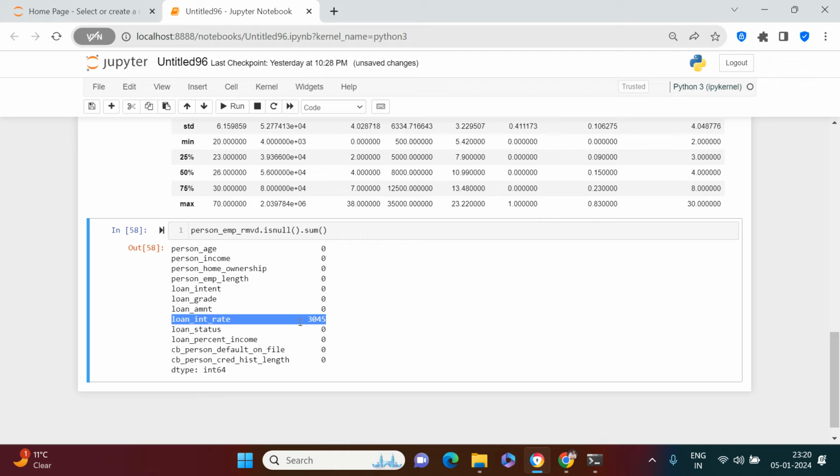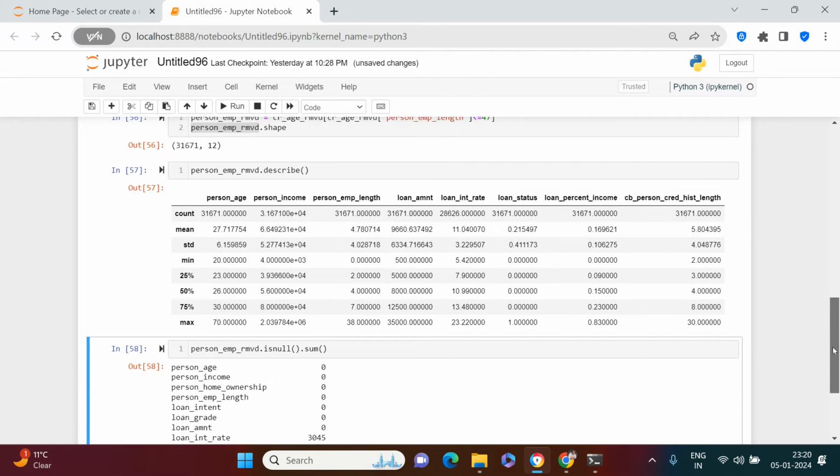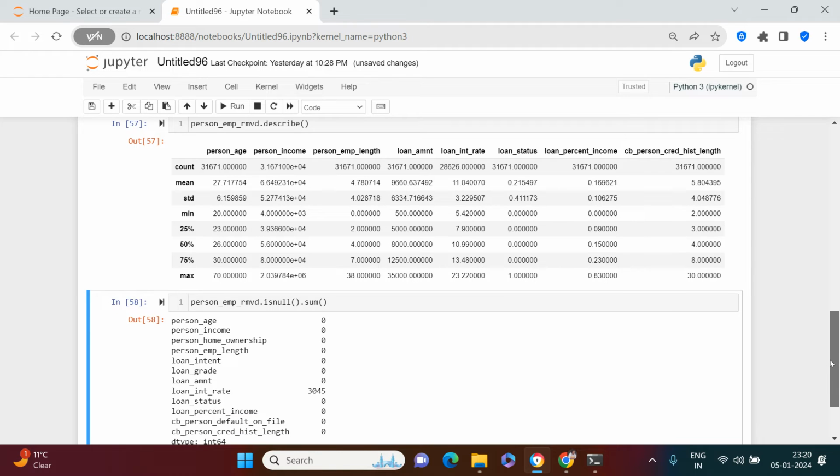Okay, so now on rate of interest, let's have a look at the descriptive statistics. What we see is loan interest rate. Where is loan interest rate? Over here. It says mean is 11%, minimum 5% rate of interest, and average rate of interest is 11%.